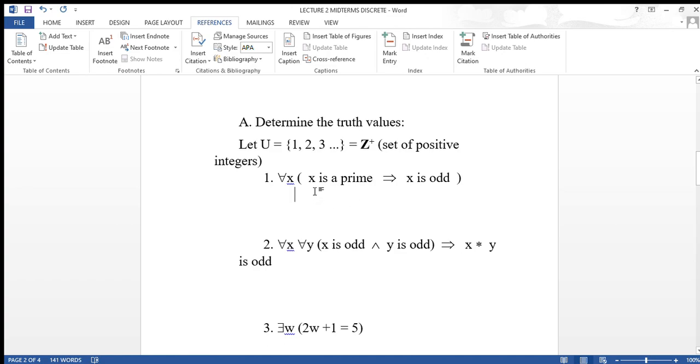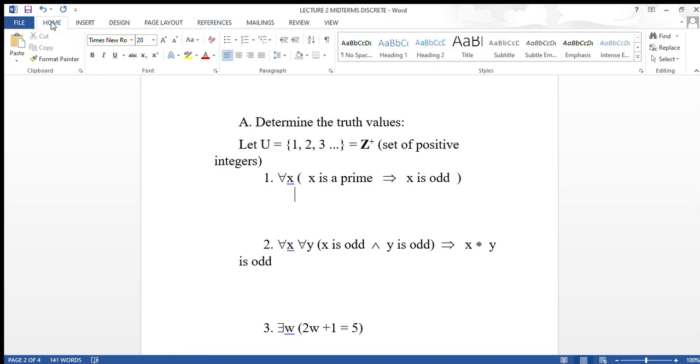When we choose an x from the set of positive integers, the first part is that x must be prime. And what is again a prime number? A prime number is a number whose factors would be 1 and itself. So if we try to list down some possible elements here, what are our prime numbers?